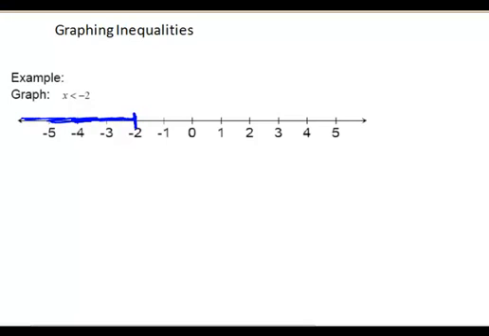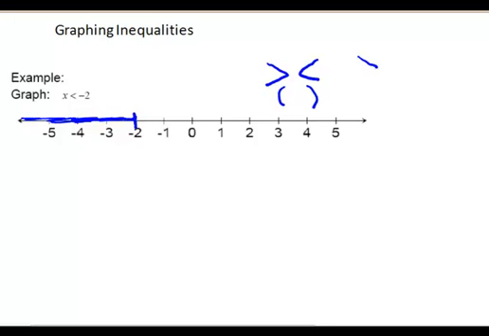And then we have to decide about the endpoint, the -2 itself. It depends on our notation whether we want to include it or not. If we have greater than or less than without an equals underneath, we will use a parentheses. We do not want to include it.